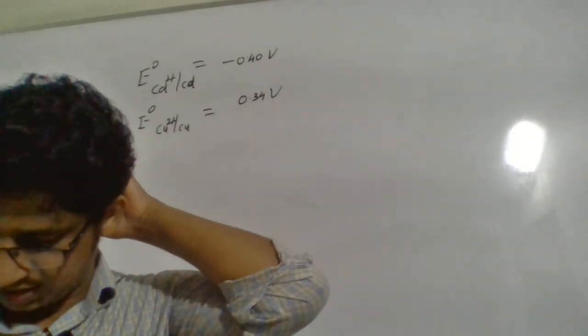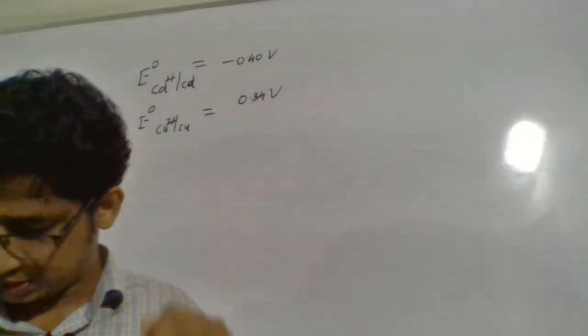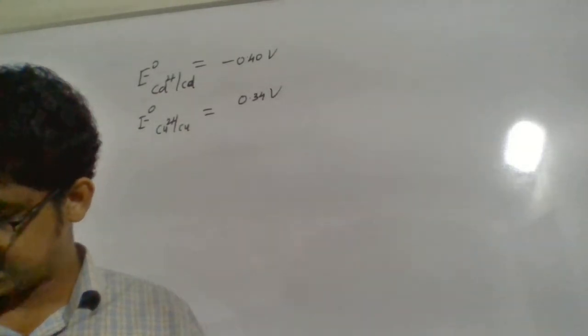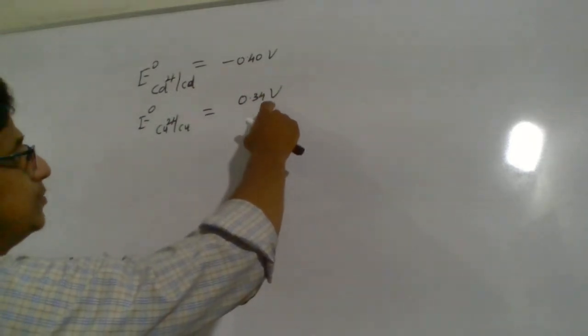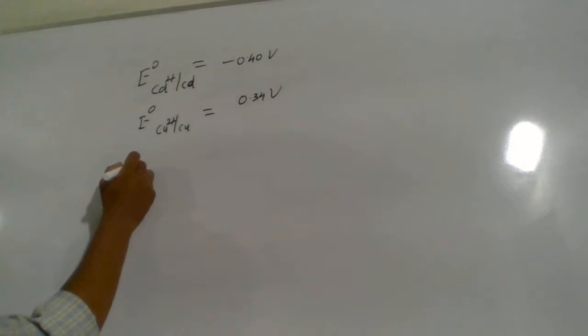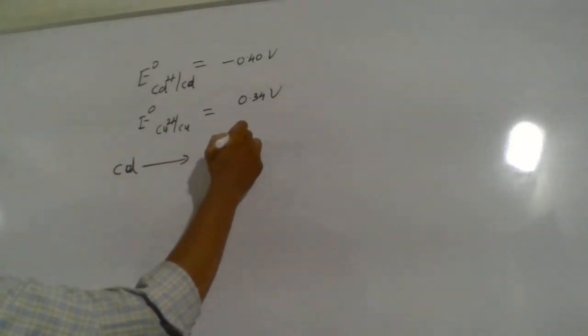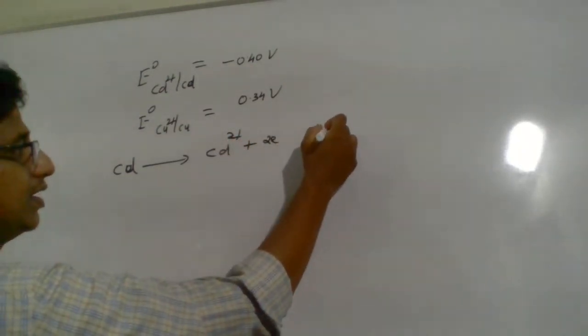Represent the standard cell that is set up from the electrodes. Give the electrode and the cell reaction and calculate the standard EMF of the cell. So we have to find the standard EMF of the cell and the cell reaction. From these values you can understand this will be the anode and this will be the cathode, because copper has the higher reduction potential value. So let us write the anode reaction: Cd gives Cd2+ plus 2 electrons. This is our anode reaction.